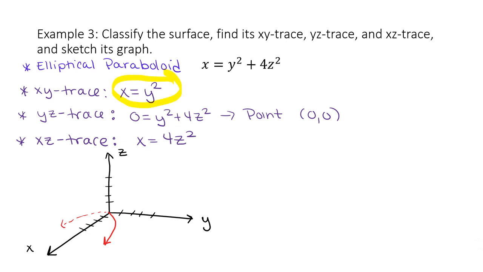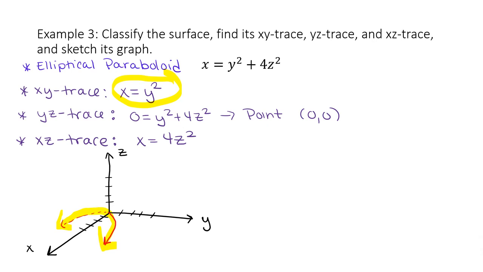I'm going to be drawing the equation x equals y squared on the yz plane. This is a parabola with a vertex at the origin. It's a y squared, positive. So if we were just graphing this in 2 dimensions, it would open to the right. And so in my picture right here, in this yz plane, my parabola opens to the positive x-axis.